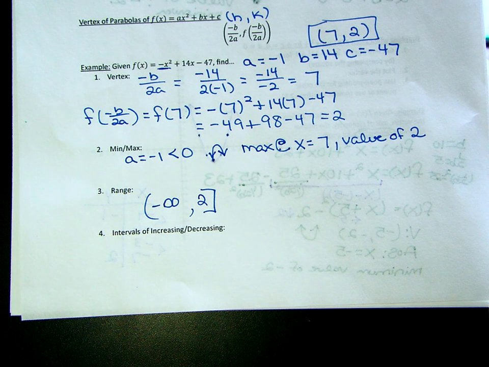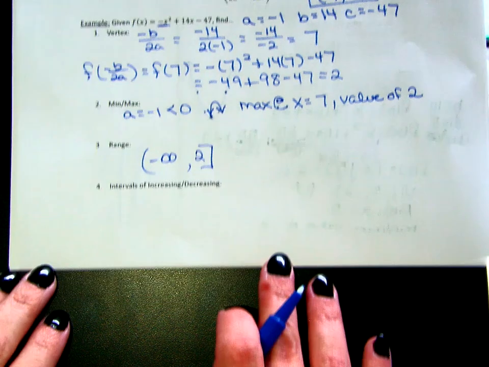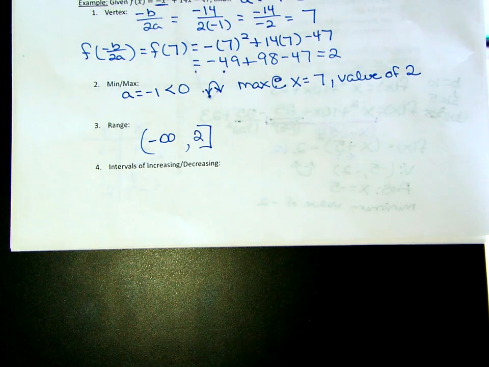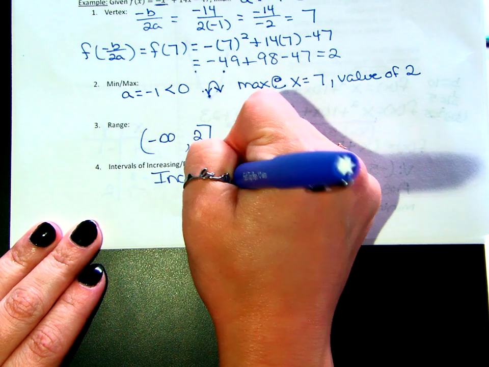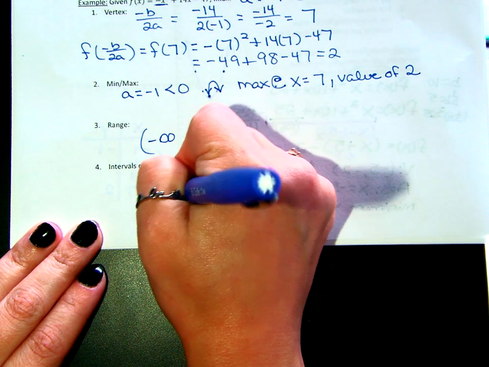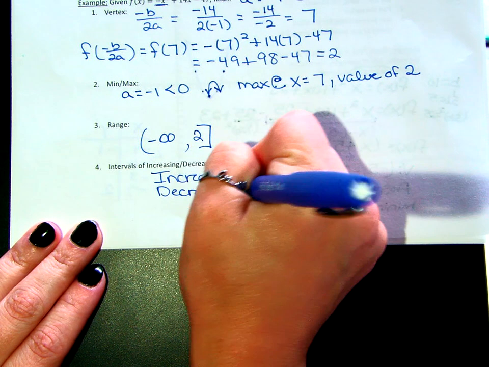And knowing that information and having the general picture of a downward facing parabola, we can come up with intervals of increasing and decreasing. So increasing is where our graph is getting larger or rising as we move from left to right.